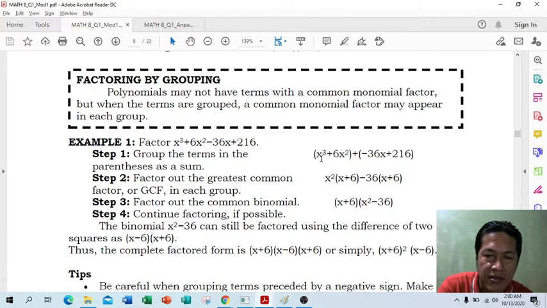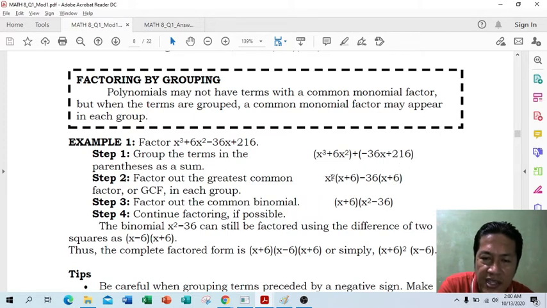Take the GCF of each group. The GCF of the first group is x squared. Take out x squared, and what remains is x. Taking x squared out of 6x squared leaves 6, like dividing 6x squared by x squared. For the second group, take out negative 36. What remains in the third term is x, and for the fourth term, 216 divided by negative 36 is negative 6.